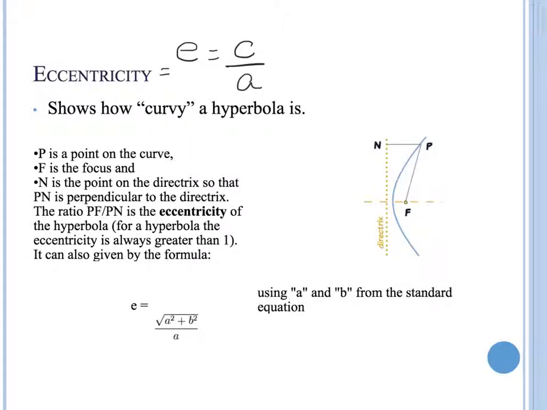It's just that finding c is different whether you're talking about an ellipse or a hyperbola. And there is no eccentricity for a parabola because that distance from the focus to the directrix always equals 1. So parabolas are not eccentric, but the other two can be.